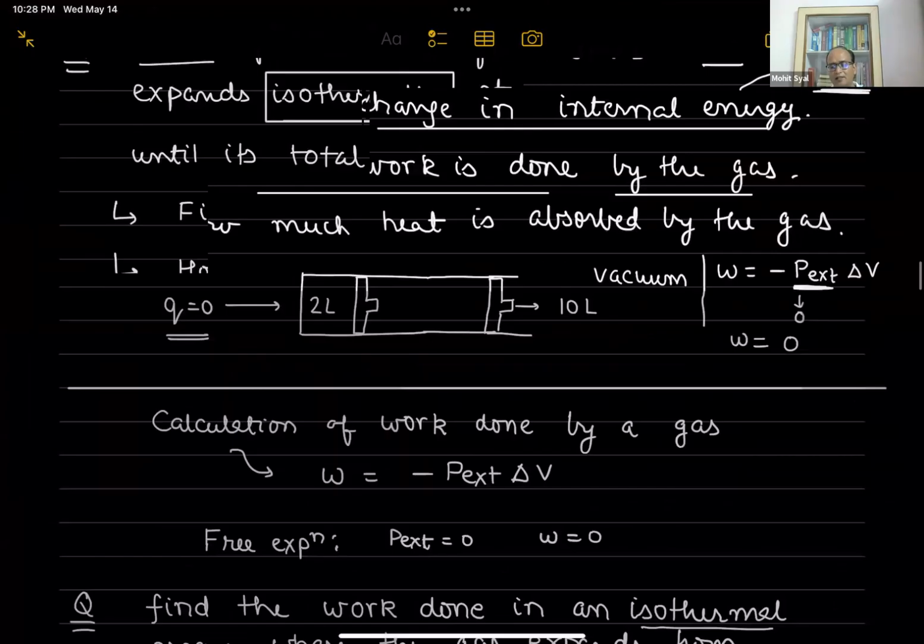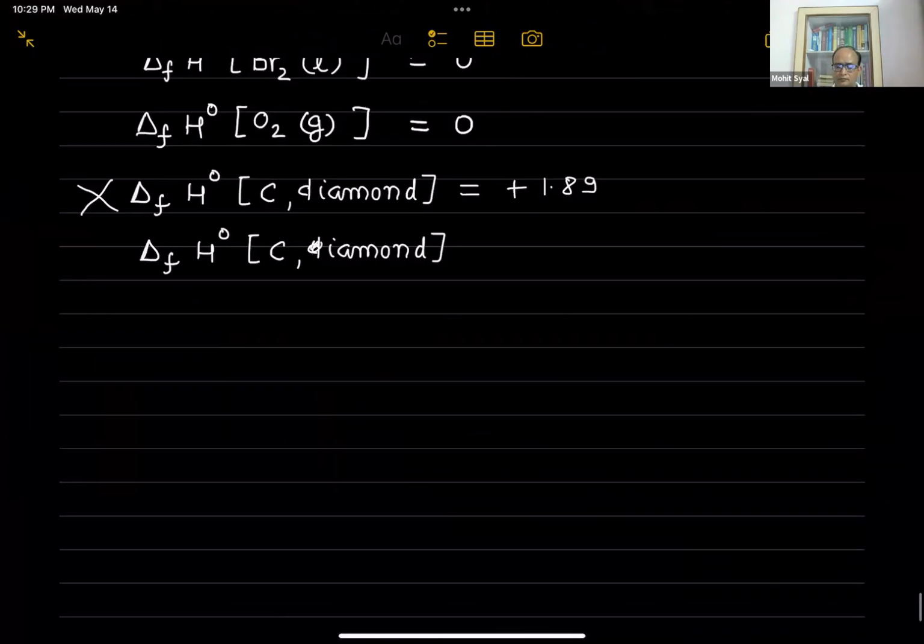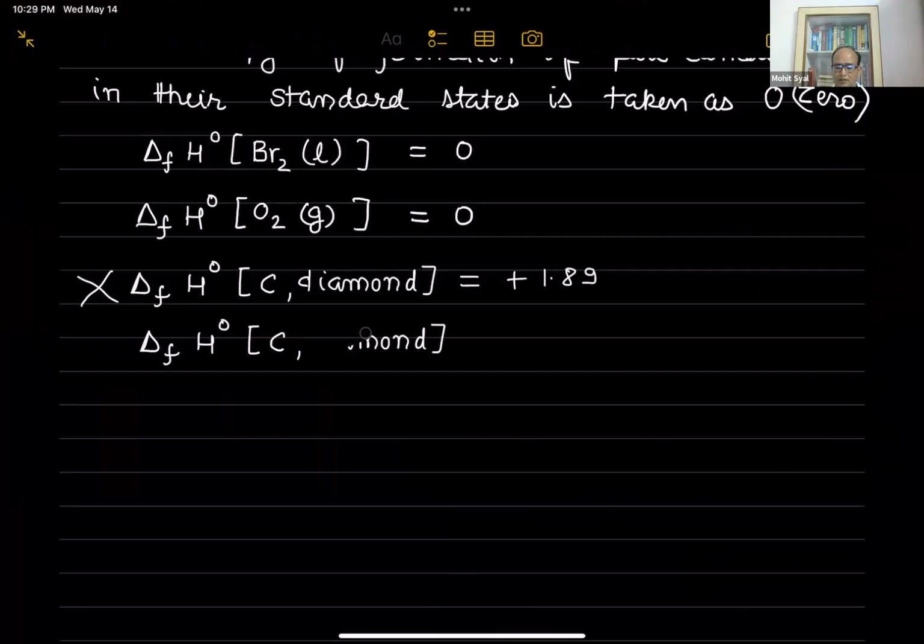This is not the standard state. The standard state is graphite. Do remember it. This is 0 kilojoule per mole, and this is kilojoule per mole. This is not the standard state.